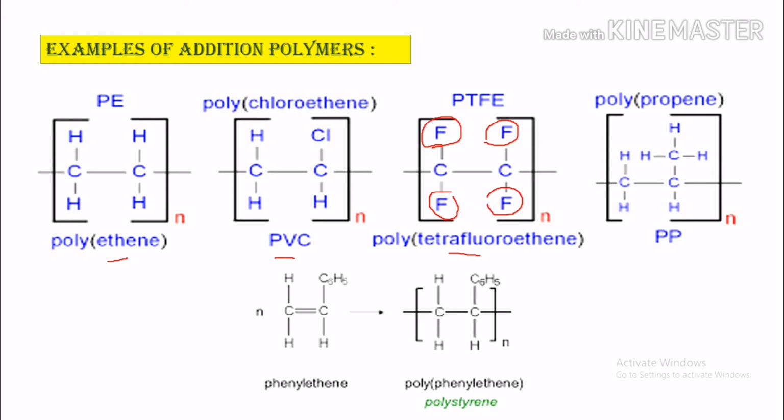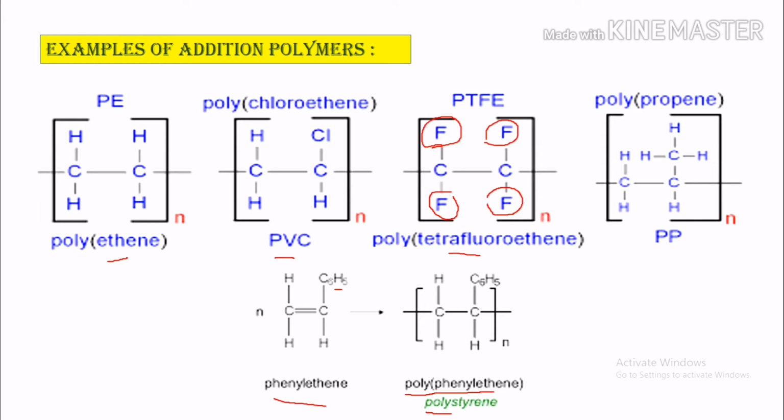We have polypropene PP, and polyphenylethene, using phenylethene with C6H5 as substitution, the phenyl group, to form polyphenylethene or polystyrene. Polystyrene and all of these polymers are very important types of addition polymers in our daily life. And we said there are many uses of the polymers in our daily life. So it is the first type of polymers, addition polymers.